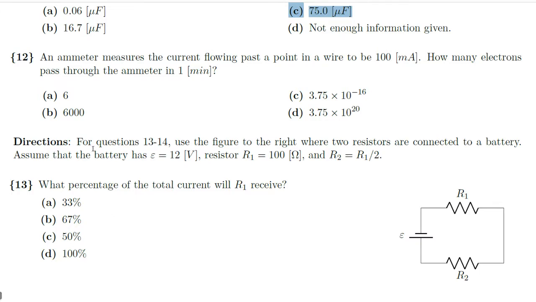Okay, number 12. An ammeter, which is something that measures the current flowing past a point in the wire, measures a current of 100 milliamps. How many electrons pass through the ammeter in 1 minute?